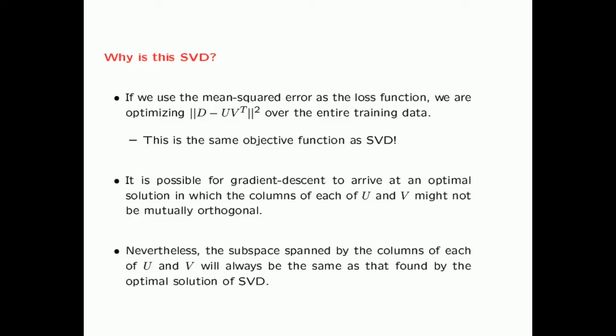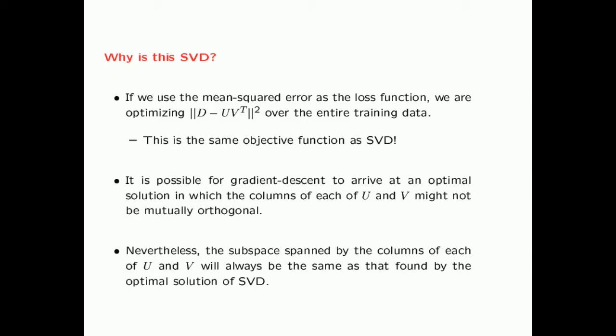Now note that if you use this architecture with an autoencoder, the learned decoder weight matrix may not turn out to be one in which the columns of V are orthonormal. I mentioned in the previous slide that SVD has an infinite number of alternate optima, and most of them actually do not have columns of V which are orthonormal.